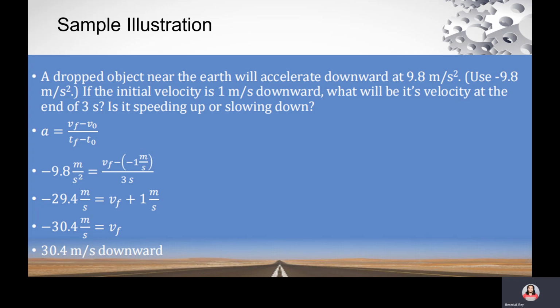Okay? Over ang ating time na 3 seconds. So, we have final velocity na 30.4 meter per second downward. Okay. Since negative ang kanyang value here, so ang kanyang statement is downward. Okay?